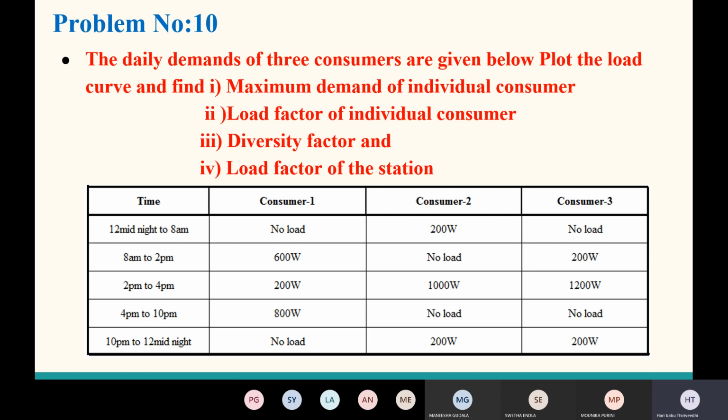So this problem is already in EPGS, all of you have done it in EPGS. We have to draw the load curve, and then write down the maximum demand of each individual consumer.